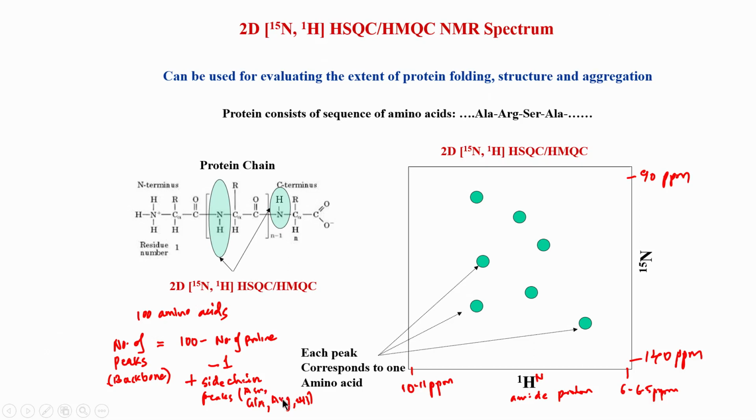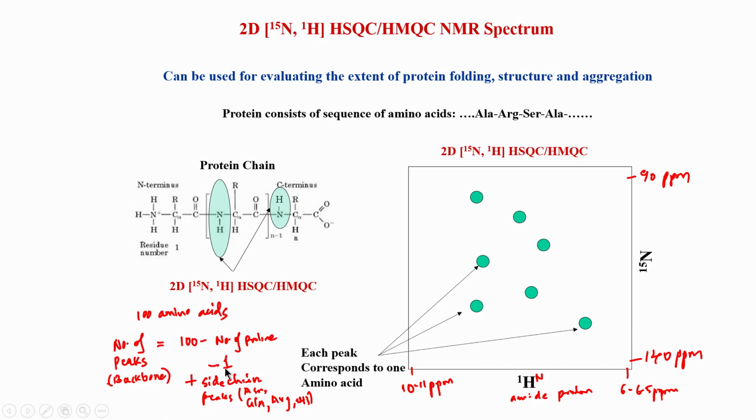Typically, we know how to identify these, which I will come back to in the later part. Once you have identified the side chain peaks and ignore them in your calculation, what you are left with is only this part. Now, of course, this is the ideal situation. You would expect that for 100 amino acids, suppose I have 5 prolines.